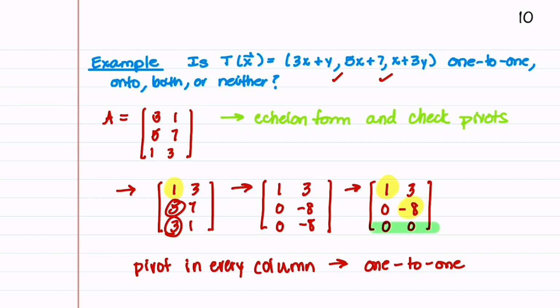So that tells us that our transformation is not onto. So let's write that as no pivot in row 3. So that tells us our transformation is not onto.